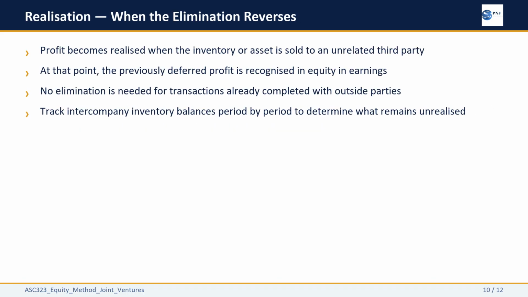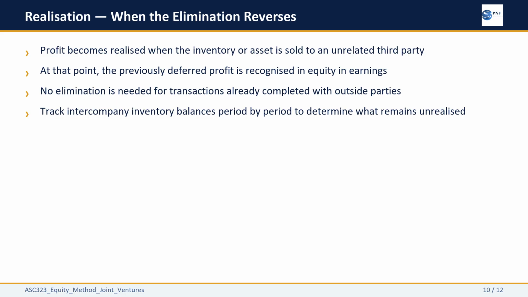The elimination is not a permanent write-off. It is a timing difference. Once the investee or investor sells the intercompany inventory to an outside customer, the profit is realized. You reverse the prior elimination and recognize that income through equity and earnings in the period of the third-party sale. This is why period-end reviews matter.